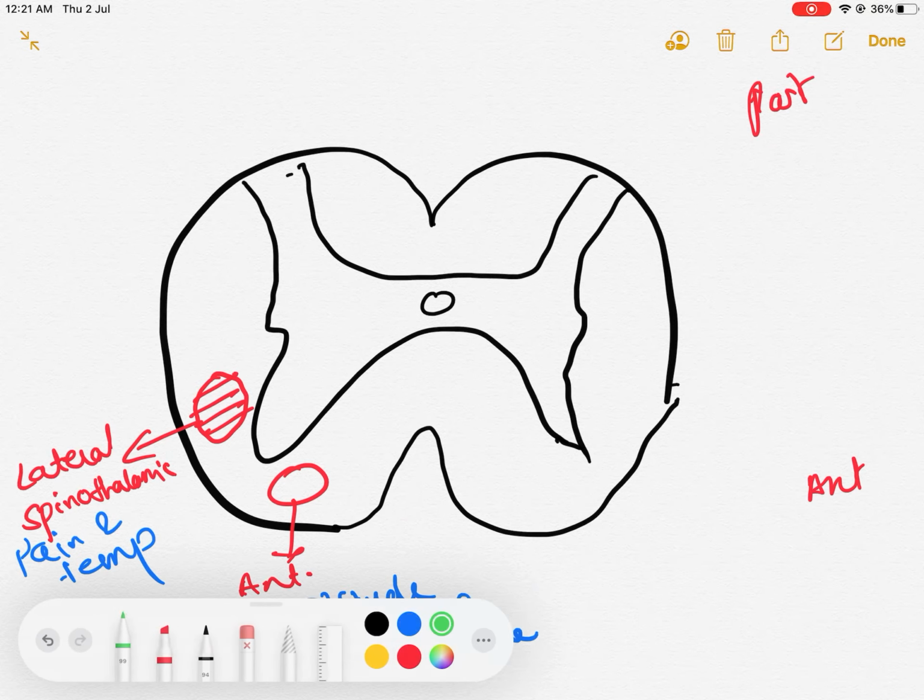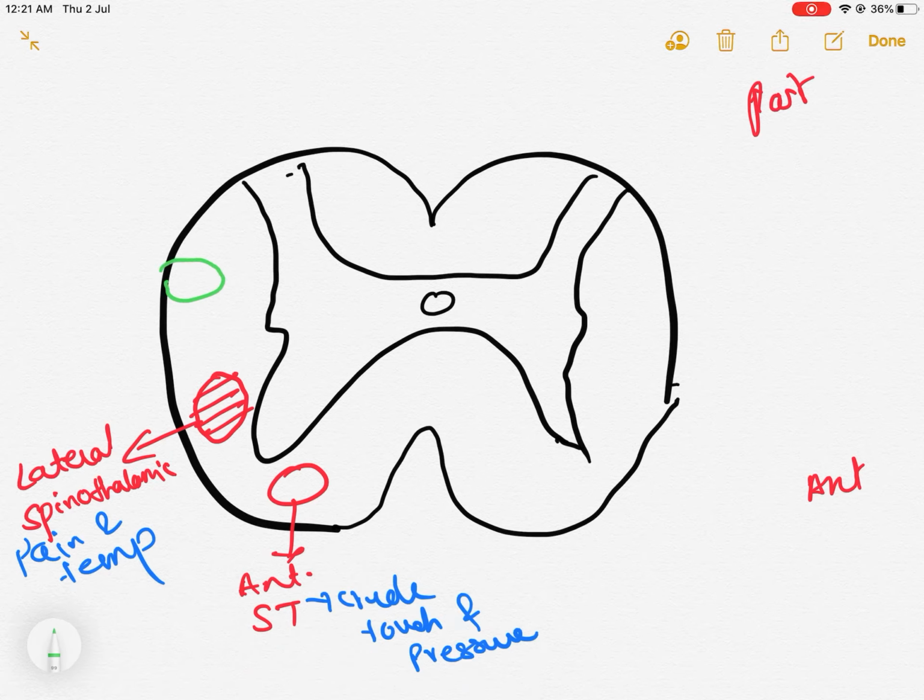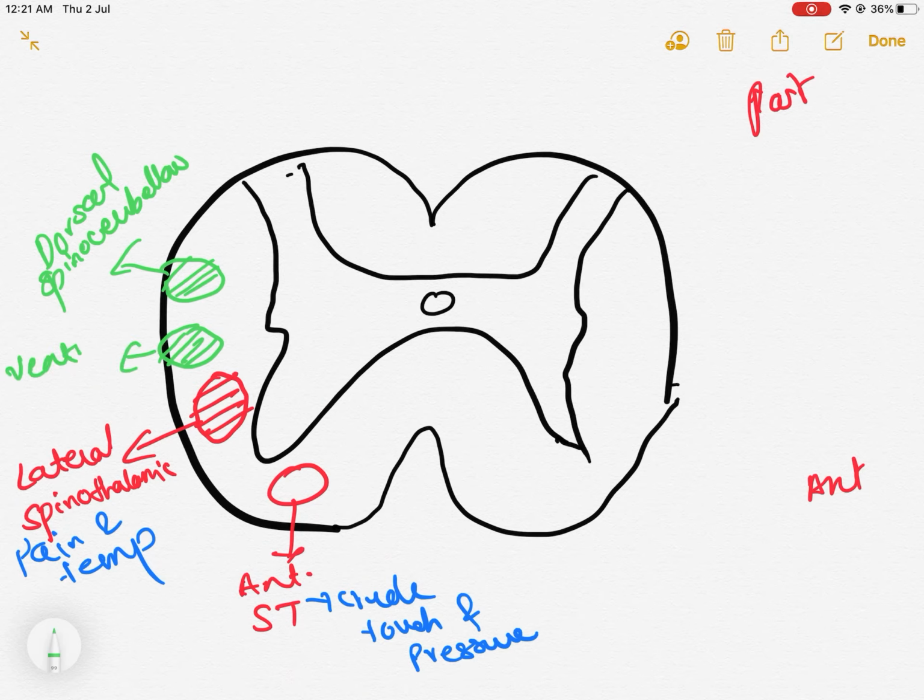Now coming to the next tract. The next tract is spinocerebellar. There are two spinocerebellar, one dorsal to the midline, one ventral to the midline. So this is dorsal spinocerebellar, this is ventral spinocerebellar.